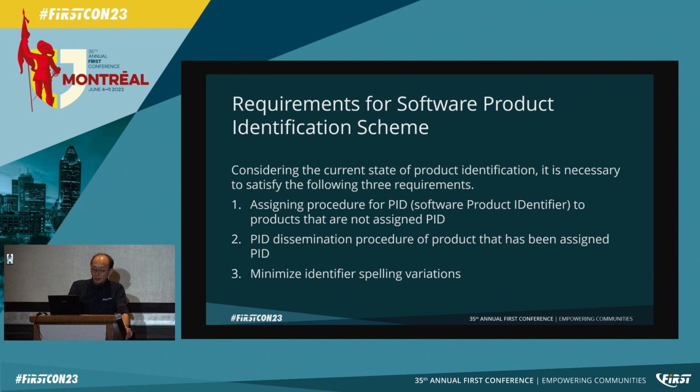Once a product has been assigned a PID, it is also essential to have a clear dissemination procedure in place. Number three, minimizing identification spelling variations. Consistency in the identification spelling is vital to avoid confusion and improve the accuracy of software product identification.